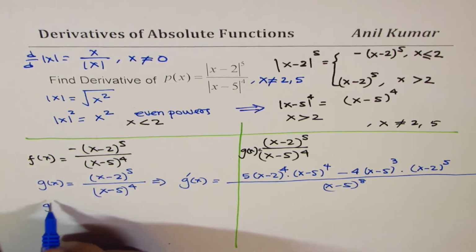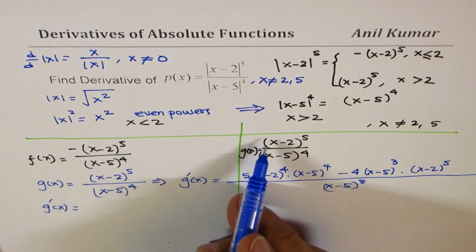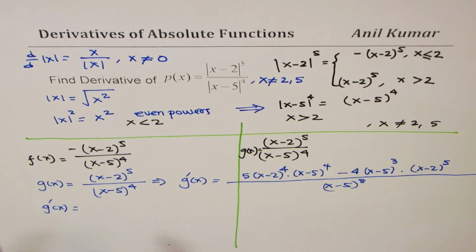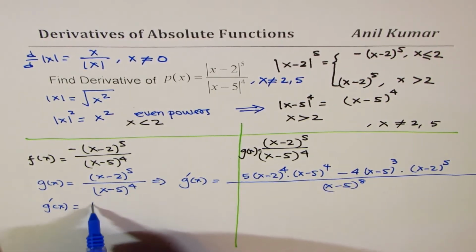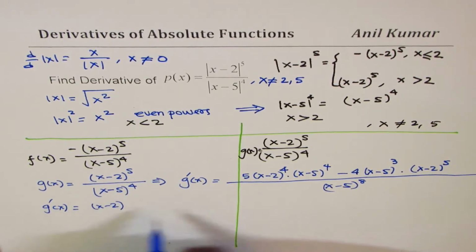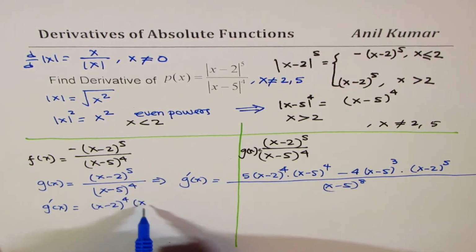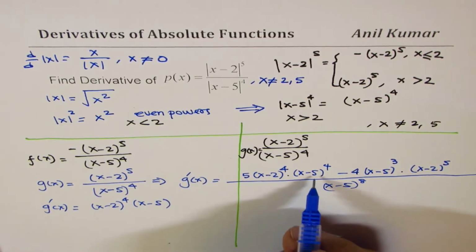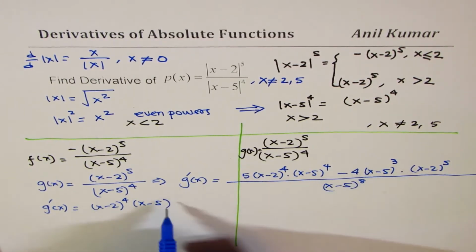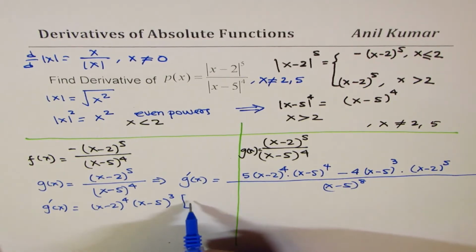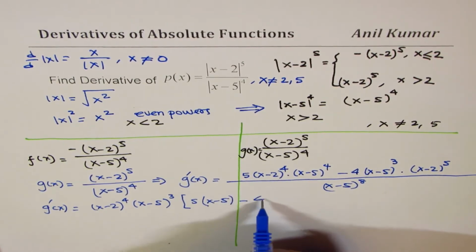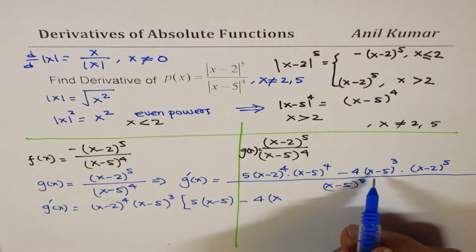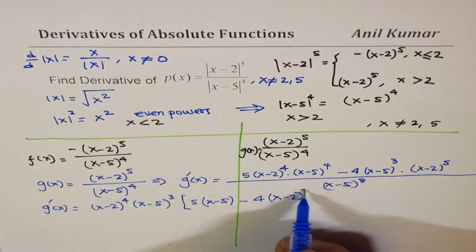So we can now write g dash x, we are doing only half of it, taking whatever we can as common. So we could take (x minus 2) to the power of 4 and (x minus 5) to the power of 3 as common, right? That leaves us with 5 times (x minus 5) minus 4 times (x minus 2), right?